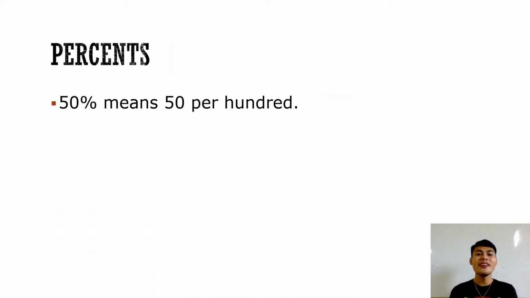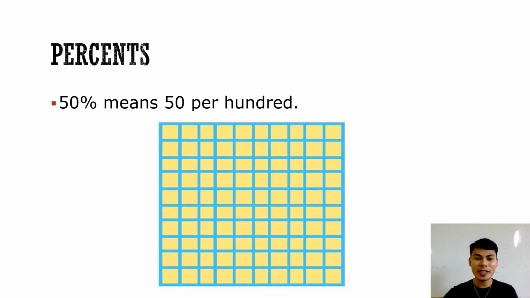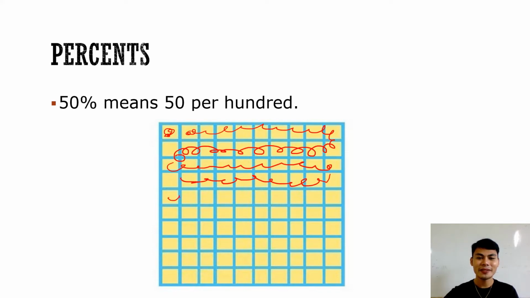When we say 50%, that means 50 per 100. So with my 100 squares, I will shade 50, so 30, 40, 50. This is the representation of 50% or 50 per 100.